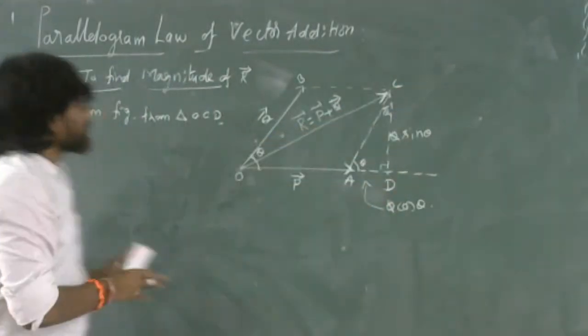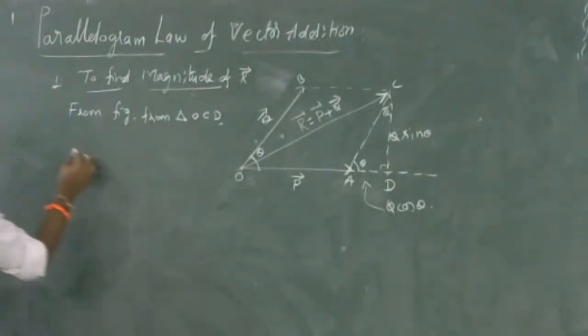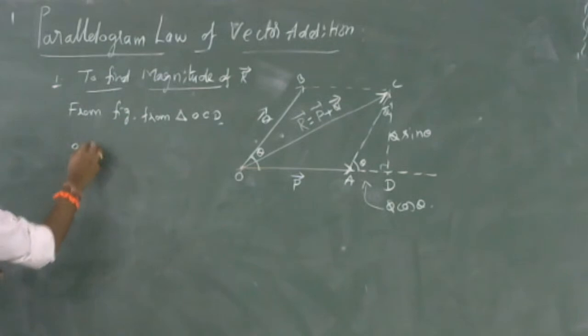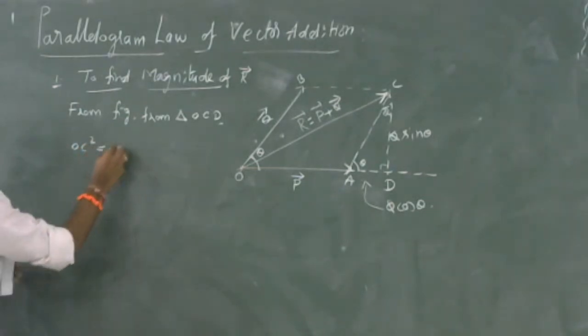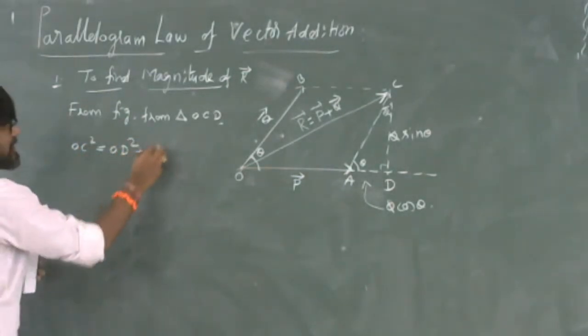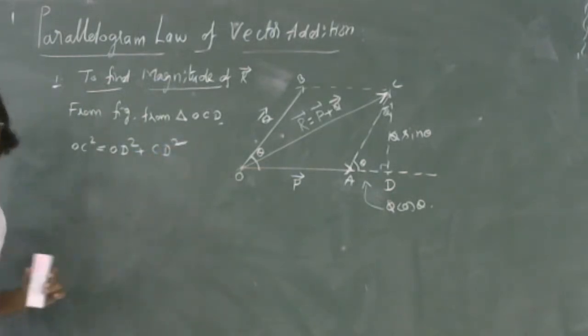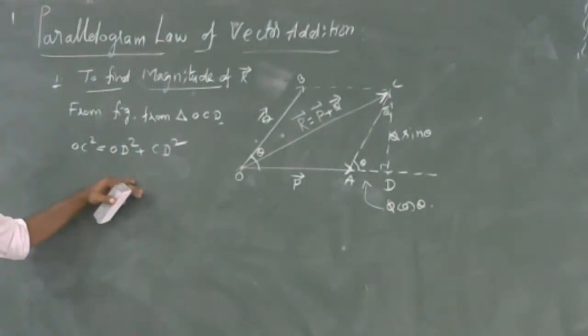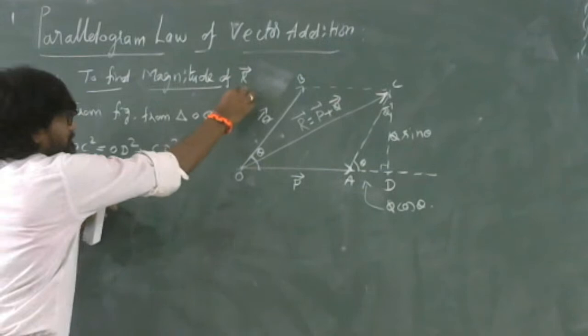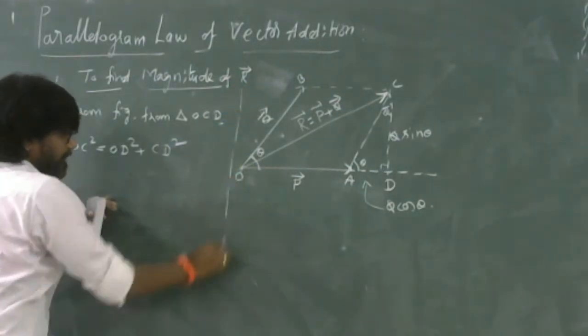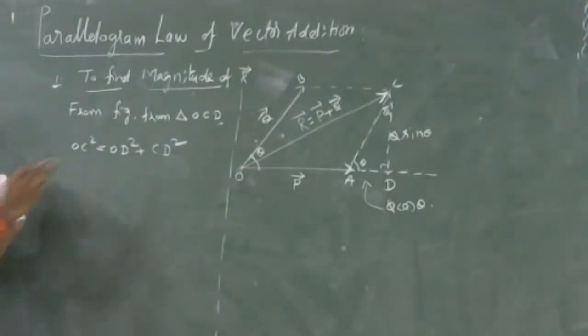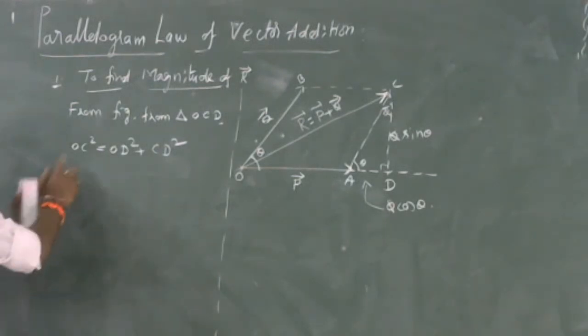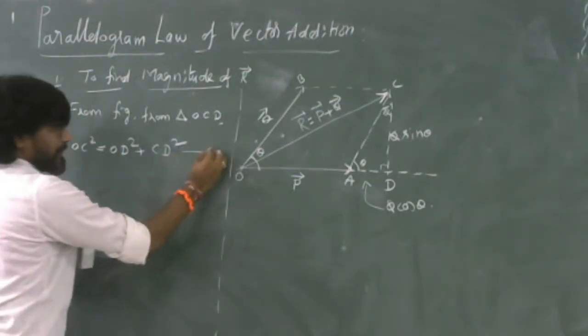Do you understand? So you can say from triangle OCD, by applying Pythagoras theorem, we can say directly OC square is equal to OD square plus CD square. Can we write like this? Right. Don't mix up, try to take properly. Then next you can take this as equation 1.